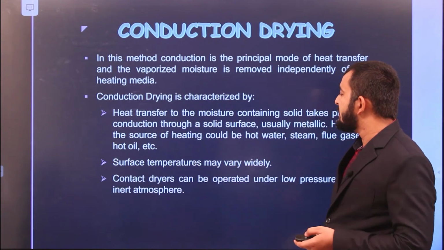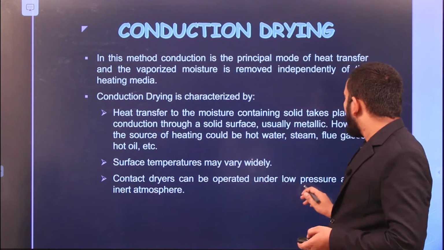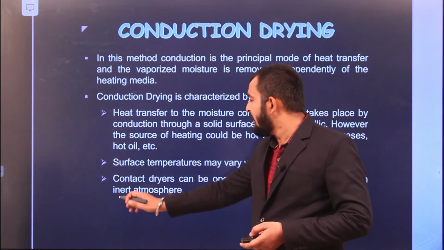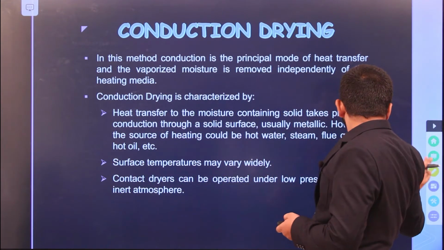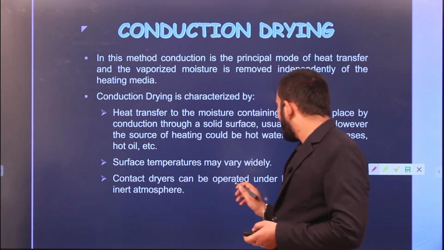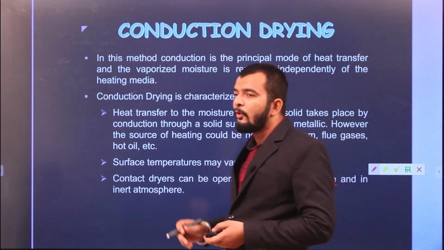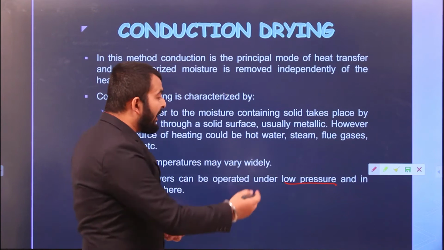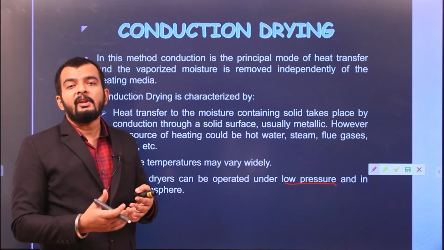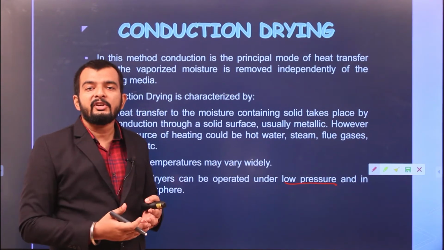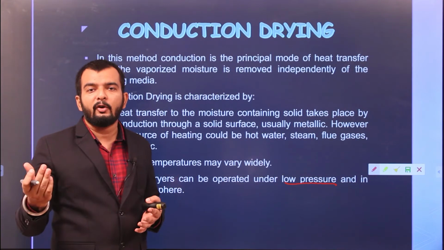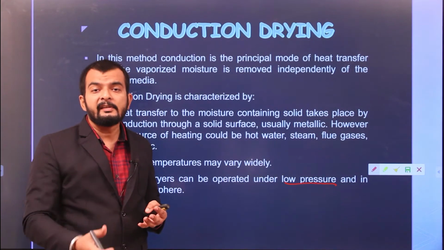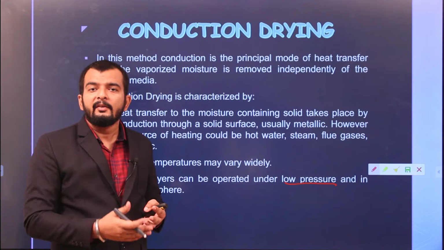Next characteristic is contact dryers can be operated under low pressure and in inert atmosphere. See, if you maintain a low pressure in case of contact dryers, low pressures will enhance the rate of moisture migration from the grains to the surrounding, and hence they will increase the rate of drying drastically.